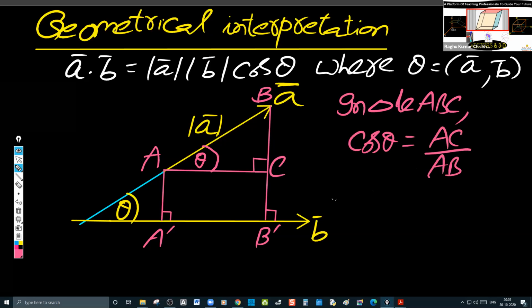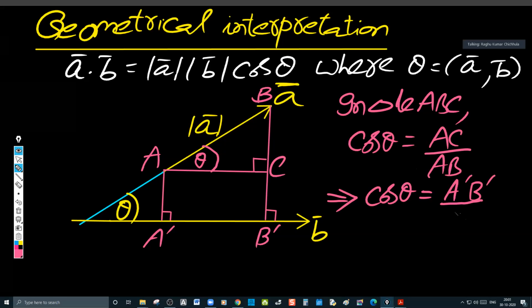So, what will be AC? It is the orthogonal projection. Instead of AC, I can write A dash B dash, whole divided by, instead of AB, what can be written? Mod A bar.